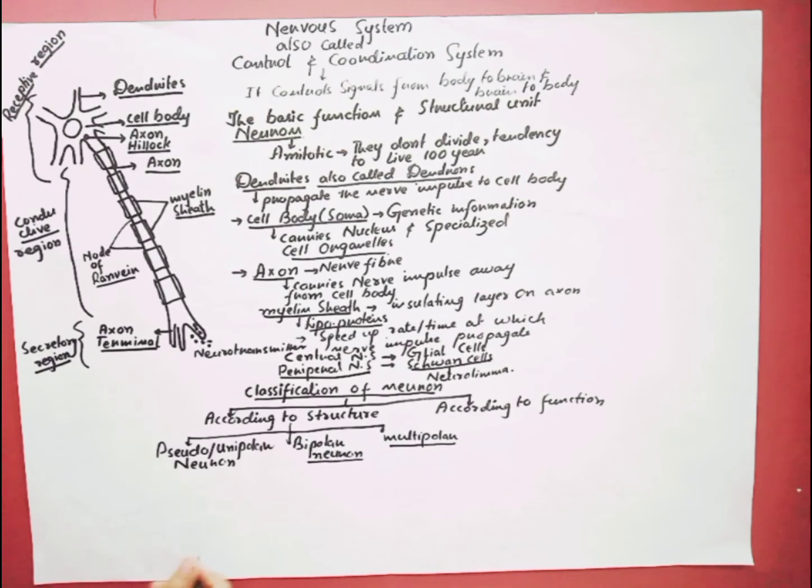The pseudo neuron, here is the structure. In pseudo neuron, from the soma, a projection leaves the soma or cell body and splits into two parts and further branched.